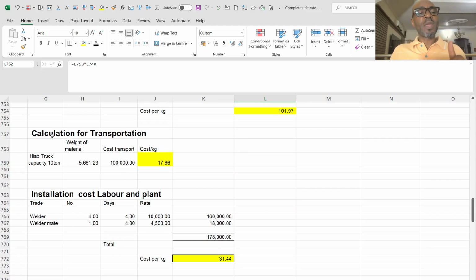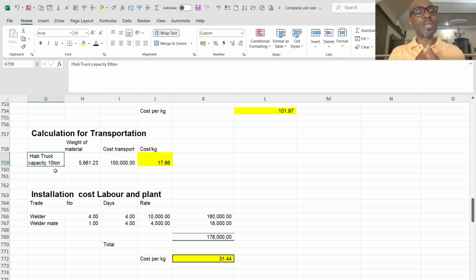Then of course, this is the cost of transporting the material if it is off-site fabrication. I needed to transport this material to site. So the total weight of the material is 5,661 kg.